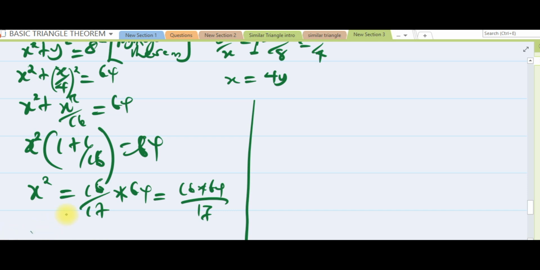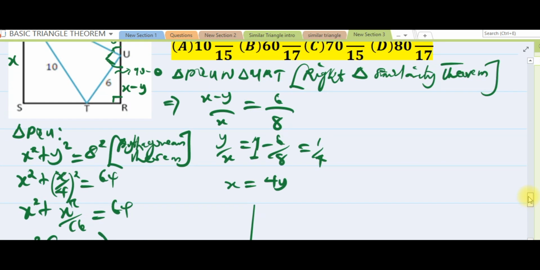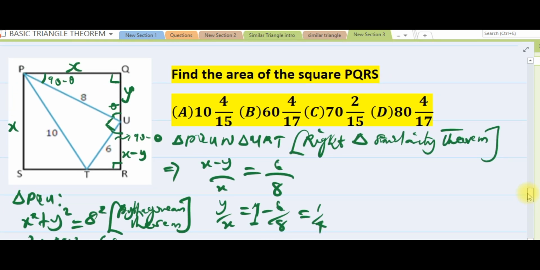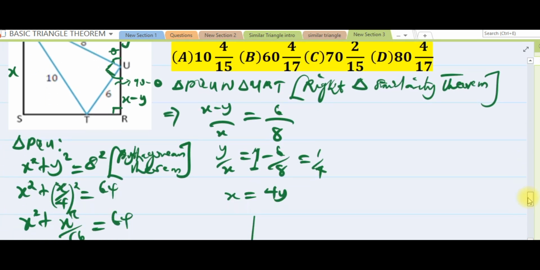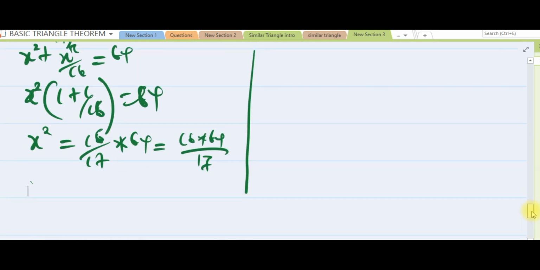We are looking for the area of the square. So the area is x squared.